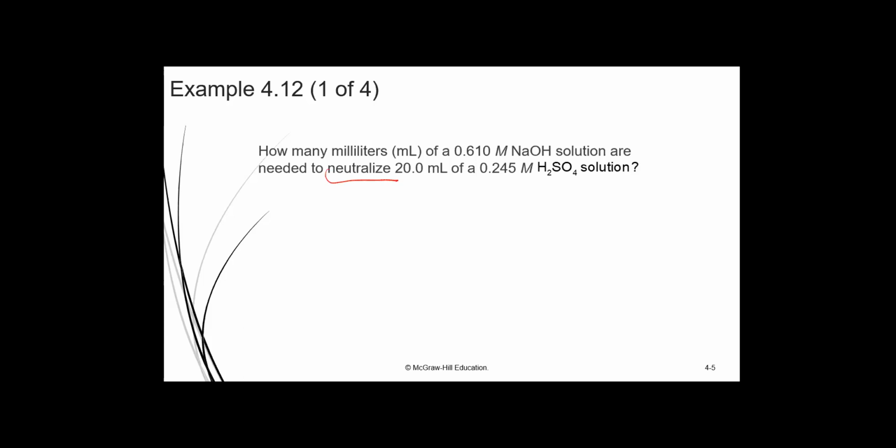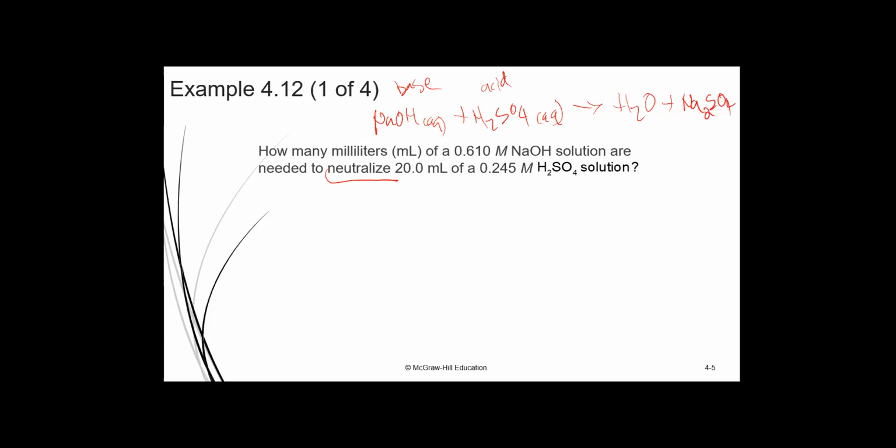So we have NaOH. We have H2SO4. NaOH is our base. H2SO4 is our acid. Neutralize means we make water, and we also make a salt. So what do we have to make our salt? That's our Na and our SO4.